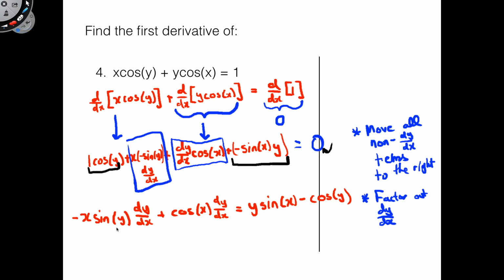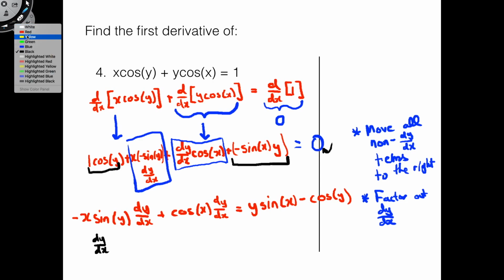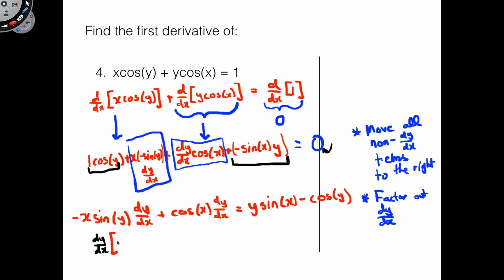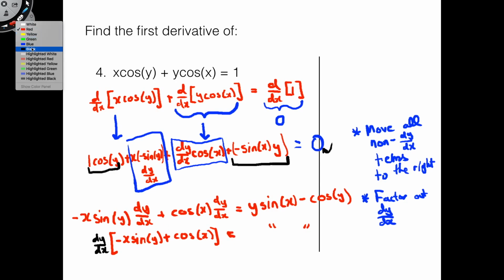So to factor out, we pull out the dy dx here, and factoring that out will yield negative x sine of y plus cosine of x equals that up there. And now all we have to do is divide both sides by negative x sine y plus cosine of x, and we'll be left with the following answer for dy dx.